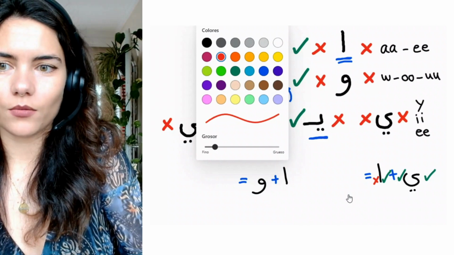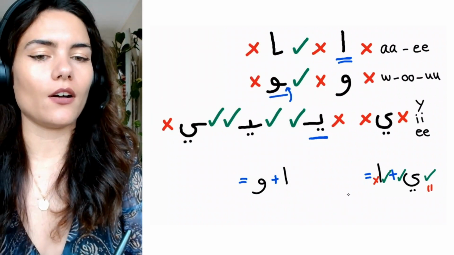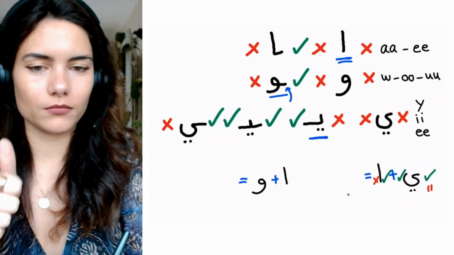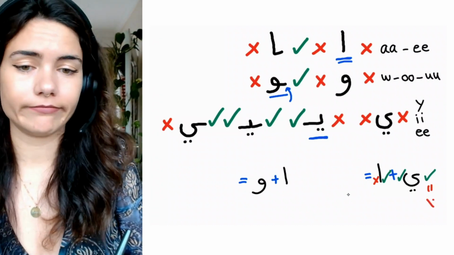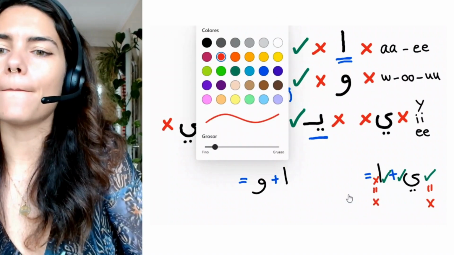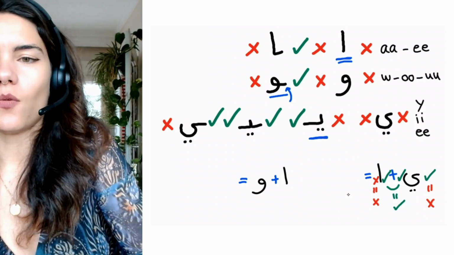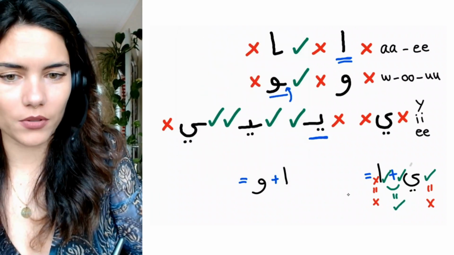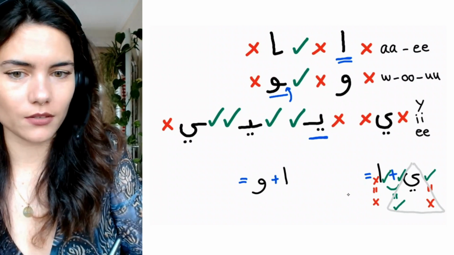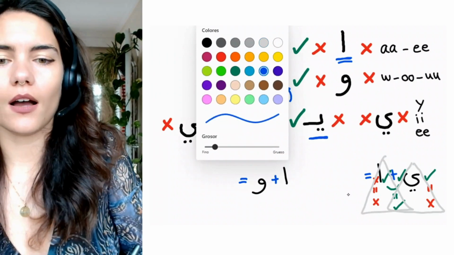Afterwards we need to map whether they join or not with the trick of only two ticks equal one tick. So a tick equals an X equals an X, but two ticks equal a tick. Once we have this, we do our triangles just for visualization, and we try to find now our letters.